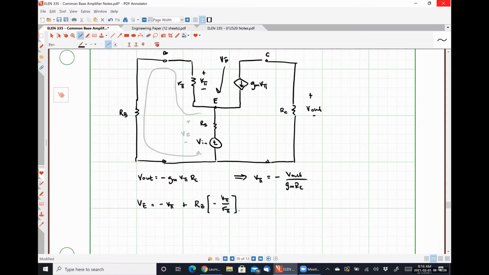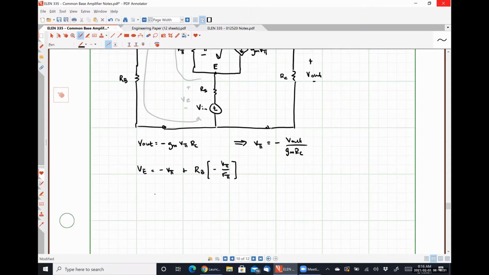I'm now going to substitute in my relationship for V pi. And so I'm going to have negative V out over GM RC. And I'm going to multiply this term by a factor of R pi over R pi because I'm going to combine it with something else in a step in a minute.